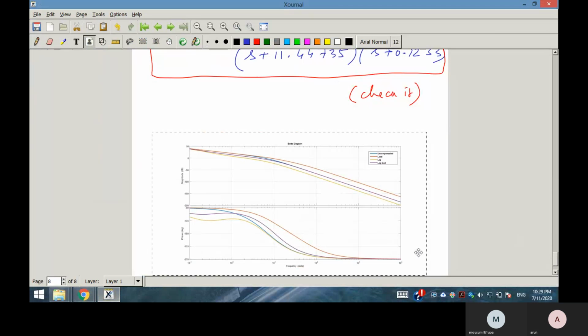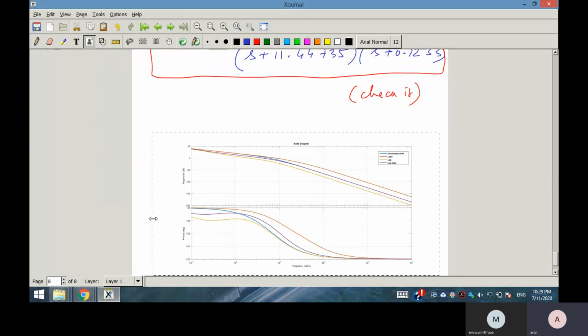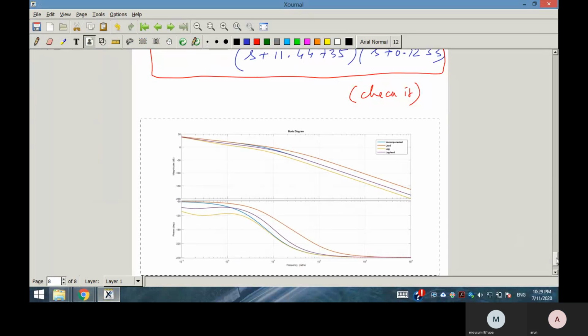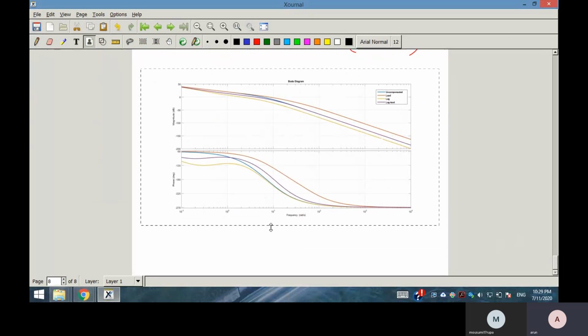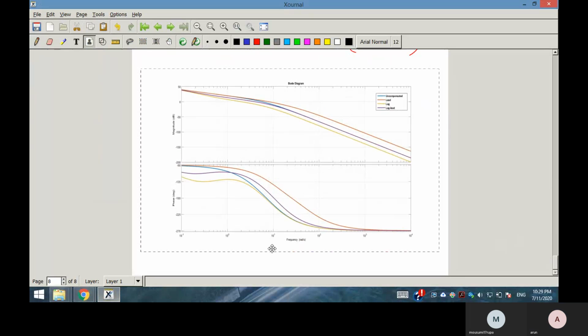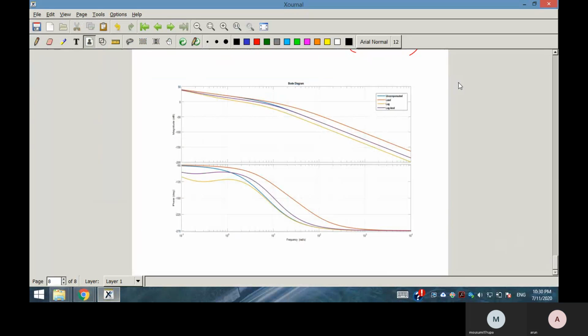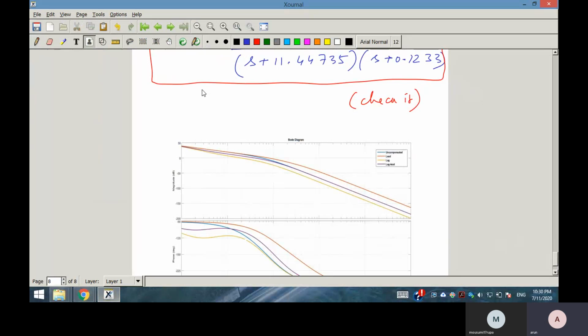I'll just expand it a little bit so that it is visible well. Okay, so this is the Bode plot. So this I'll write here: Bode plot.